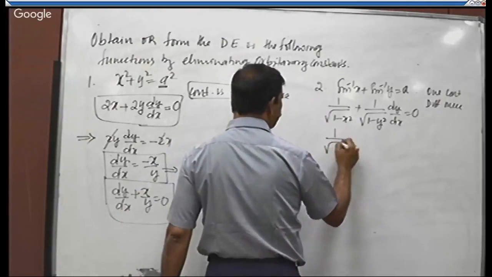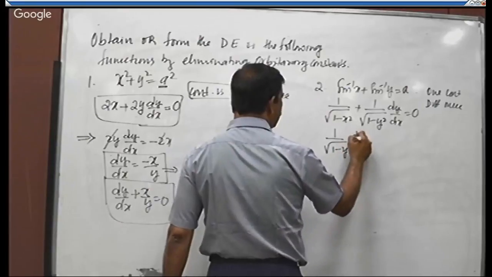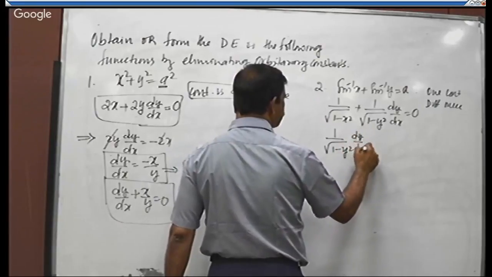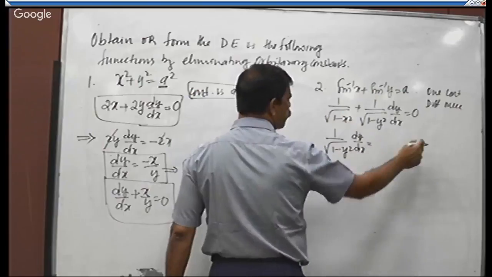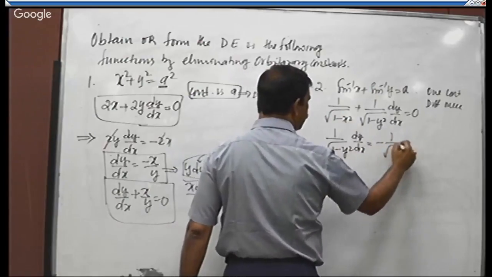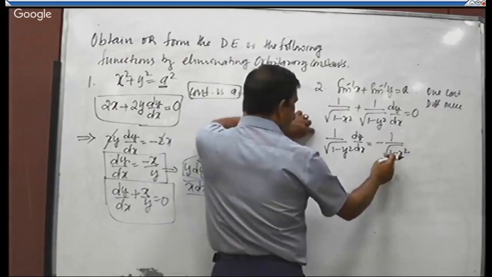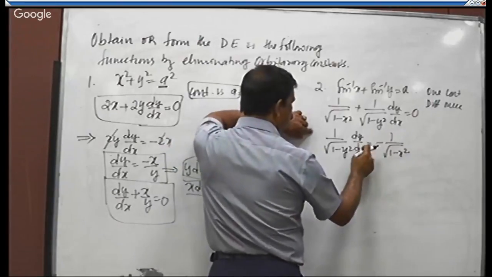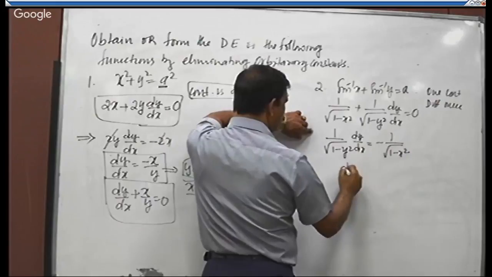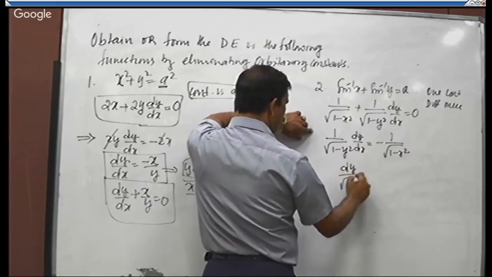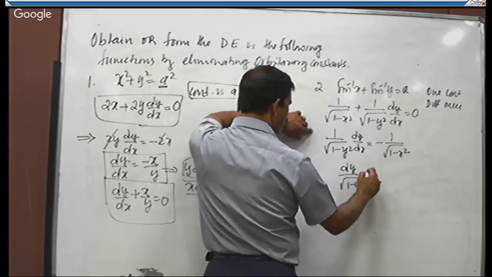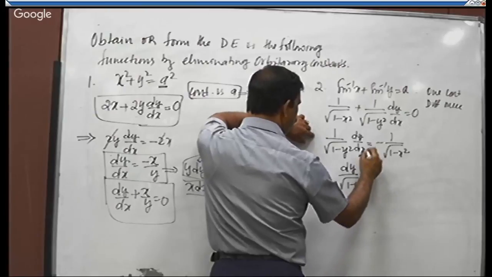1 by root of 1 minus y square into dy by dx is equal to minus 1 by root of 1 minus x square. Cross multiply this. Send dx this side: dy divided by root of 1 minus y square is equal to minus dx, sent to the right side.